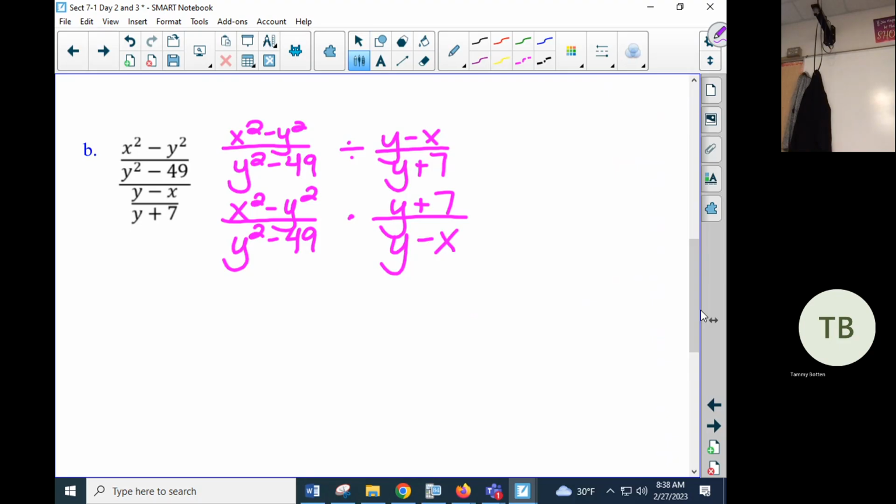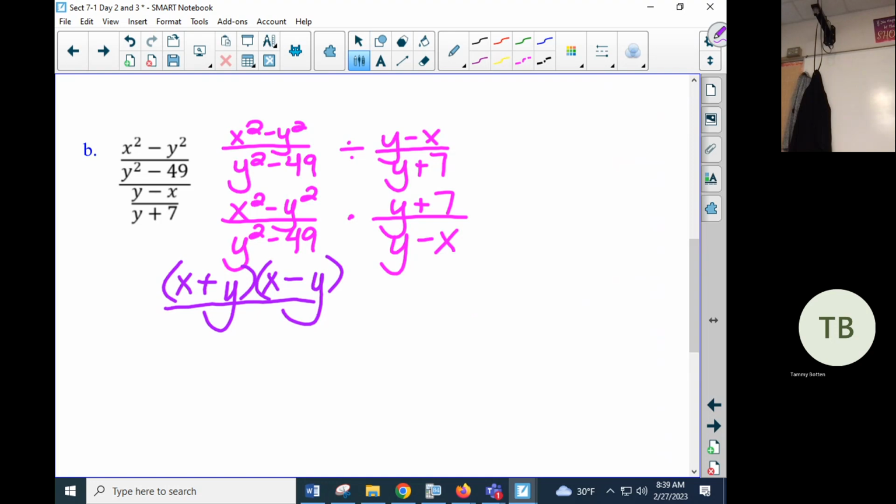So that is difference of squares. But this is one we haven't looked at for a second. So let's look at this. When you do difference of squares here, you have a plus and a minus. If that's x squared, we do x and x. If that's y squared, we do y and y.